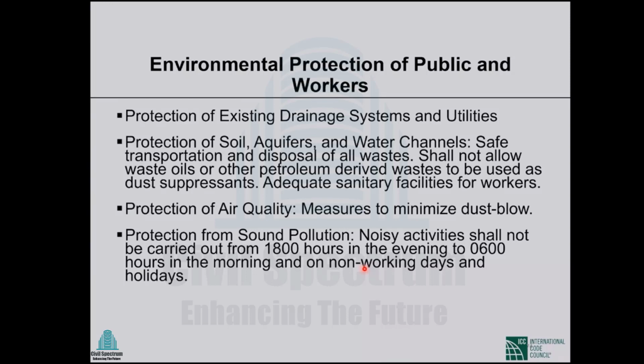If you have to destroy it, you should put an alternate system in place, and then remove the existing drainage system. So these things are important. Protect the soil, aquifers, and existing water channels. While constructing, you cannot destroy an existing water source, things like that.